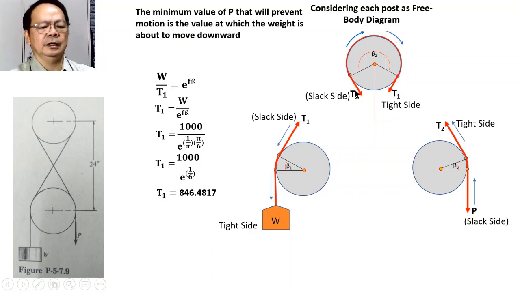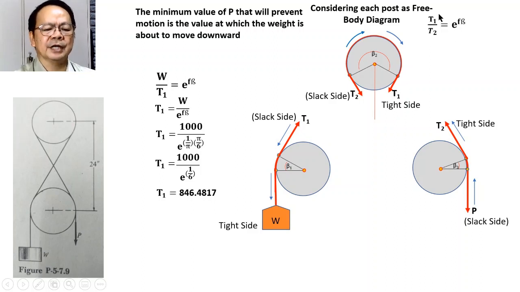Now, if this T sub 1 will be substituted here, and then we solve for the tension on the slack side of this particular FBD, therefore the ratio here between the tight side to the slack side, T sub 1 over T sub 2, is equal to e raised to f multiplied by beta. Now, solving for T sub 2 becomes equal to T sub 1 divided by e raised to f multiplied by beta.